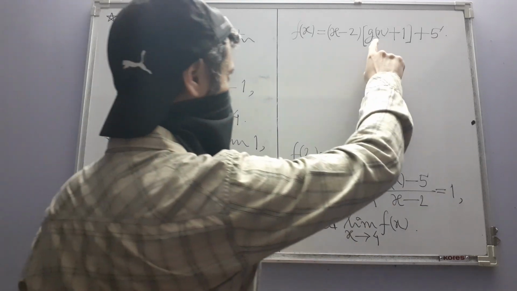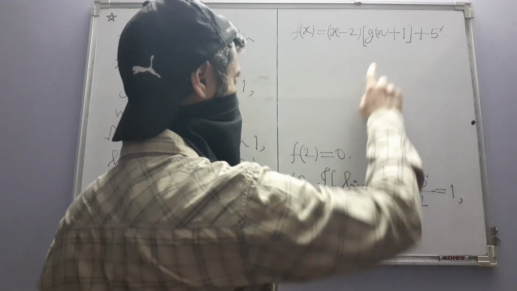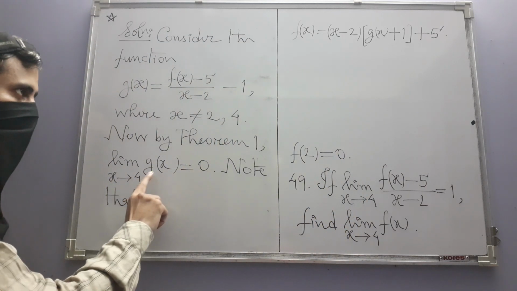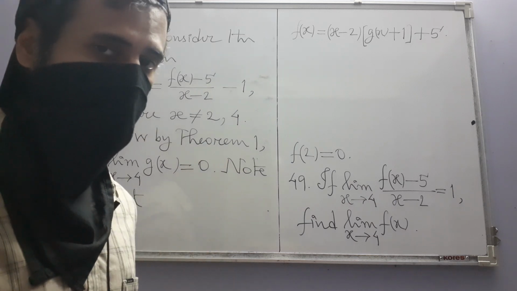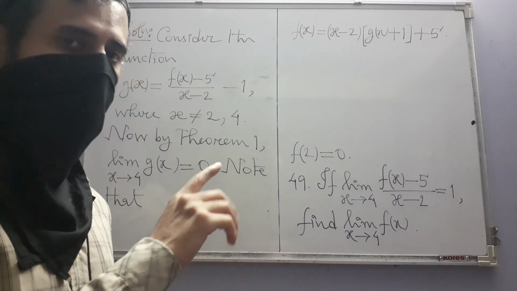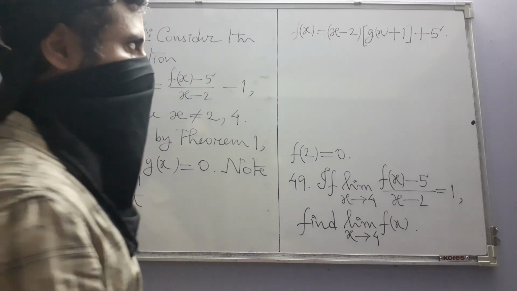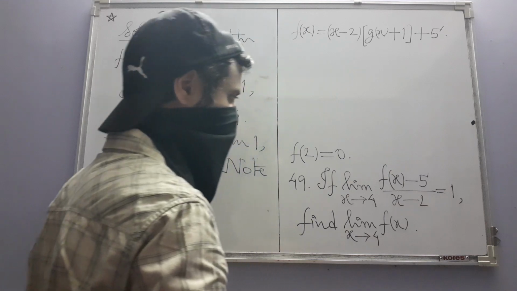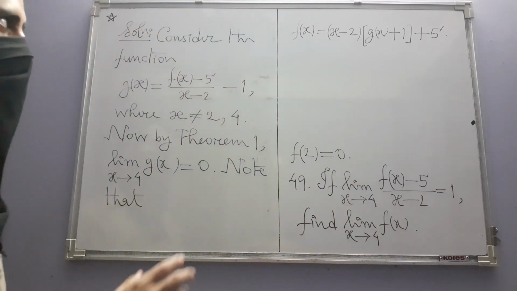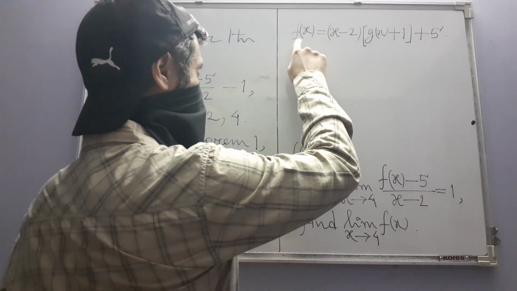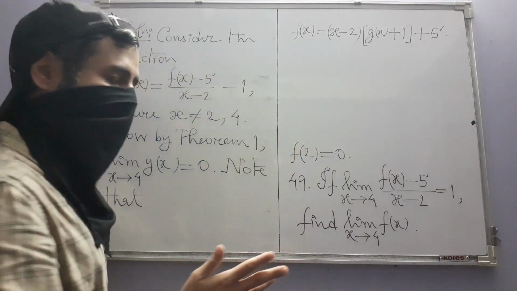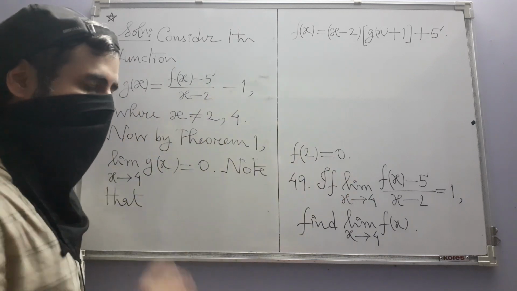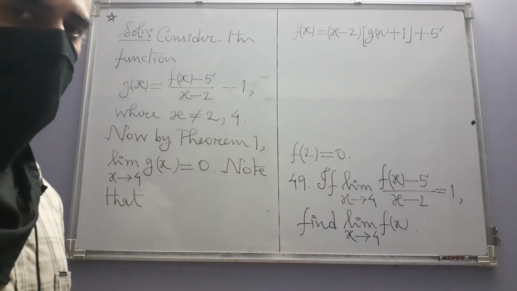Now we know that the limit of g of x exists, and that is 0. So the limit of g of x plus 1 also exists, that is 0 plus 1, by one of the parts of theorem 1, that is the sum rule. You can use the product rule also here, and then again the sum rule. So by theorem 1, the limit of f of x exists actually. That is one part of theorem 1, and then we can find its value also.